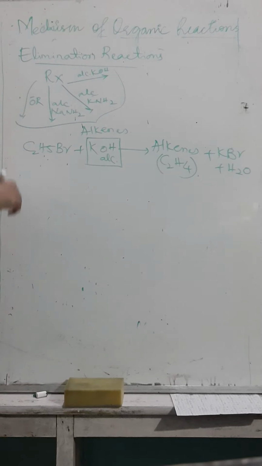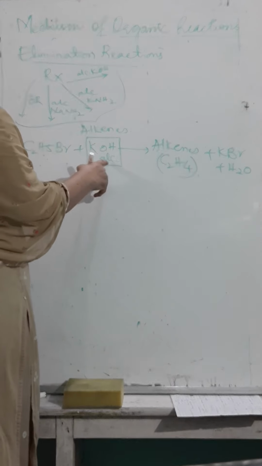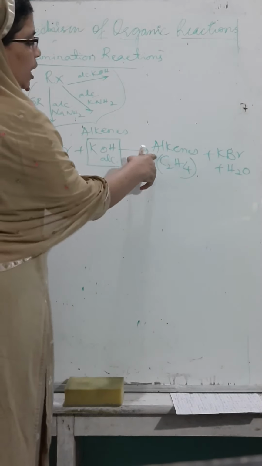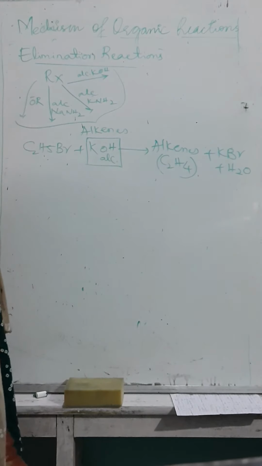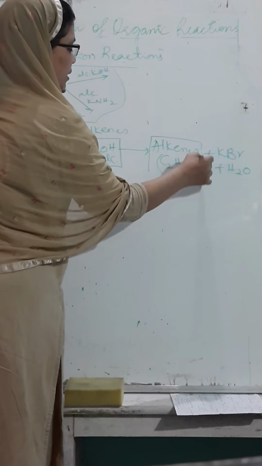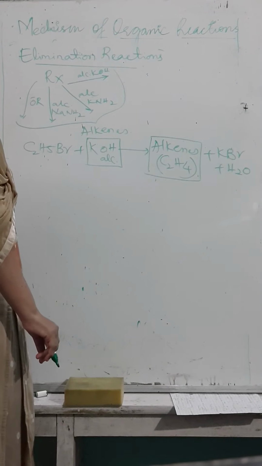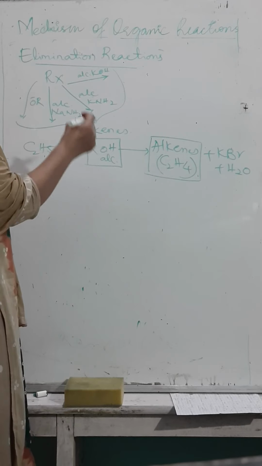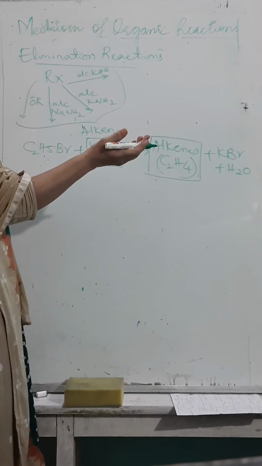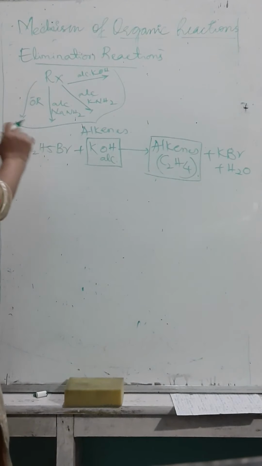That means alkyl halide heated with alcoholic potash produces ethene, a colorless gas which is liberated. They have asked many times in papers to identify the colorless gas that decolorizes bromine water or Baeyer's reagent. It is the ethene obtained from ethyl bromide heated with alcoholic potash.